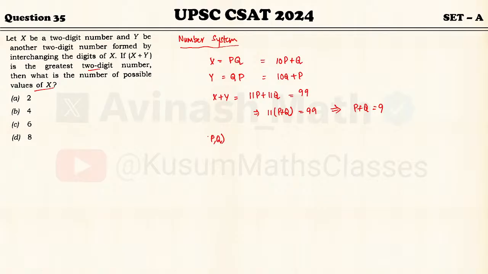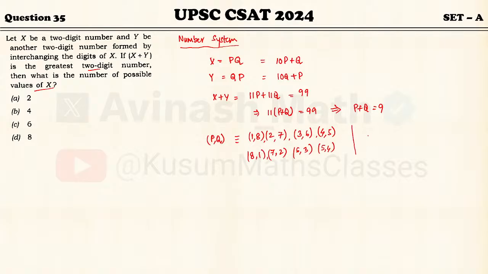This is actually 1 8, then 2 7, then 3 and 6, and then 4 5, right. Then 5 4, then 6 3, and then 7 2, and then 8 1.